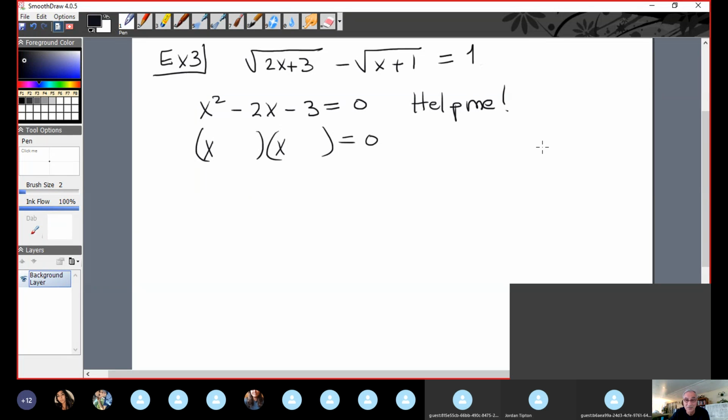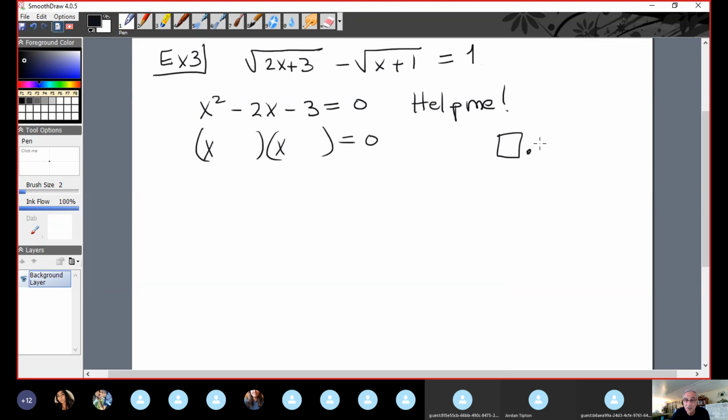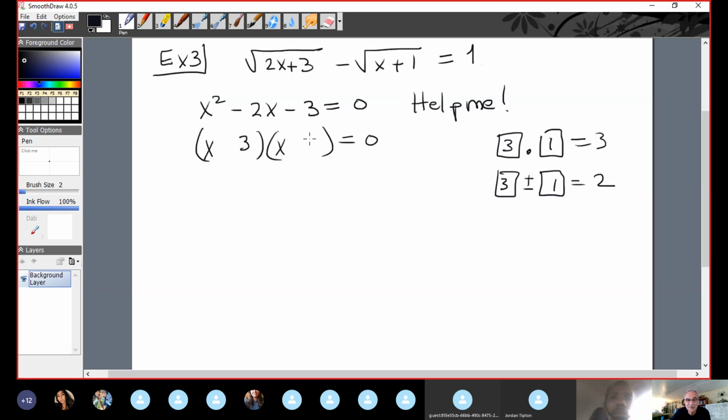In the easy example, you need to find two numbers that multiply to give me 3, and the same numbers, added or subtracted, give me 2 or negative 2. It's obvious it's 3 and 1, no? 3 times 1 is 3, and 3 minus 1 is 2. Is it plus or minus? So 3 and 1. And what signs?